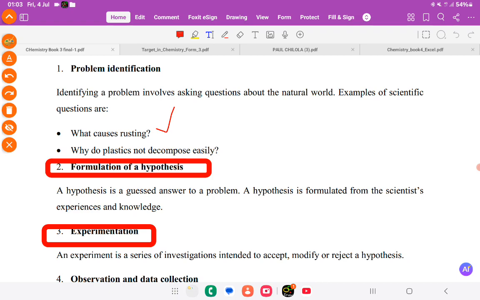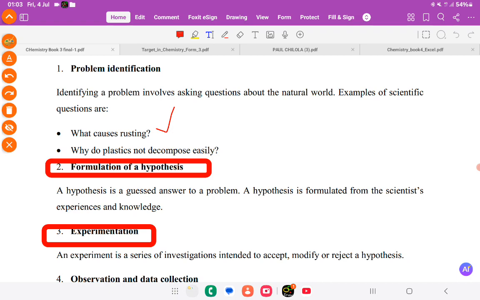So an experiment is just a series of investigations which are intended to accept, modify, or reject hypotheses. Let's say that you hypothesized, you guessed that rusting is caused by oxygen. Okay, and then you carry out an experiment. Maybe you take some nails, expose them to air, and observe with time what happens to the color of the nail.